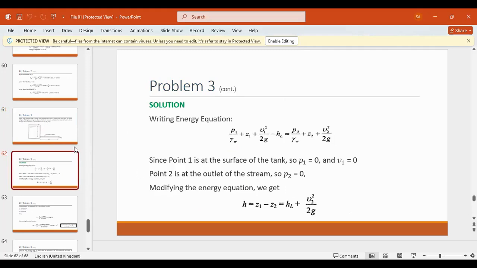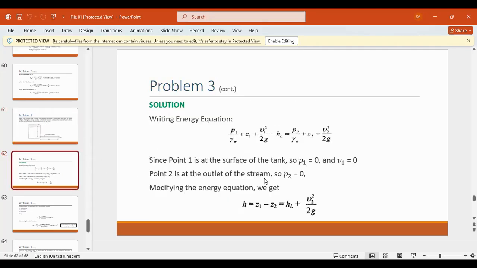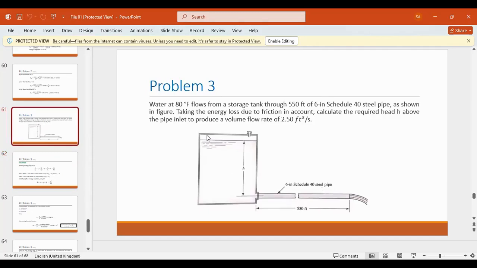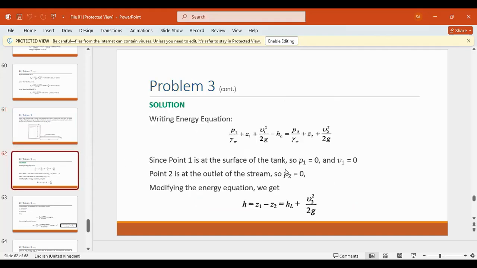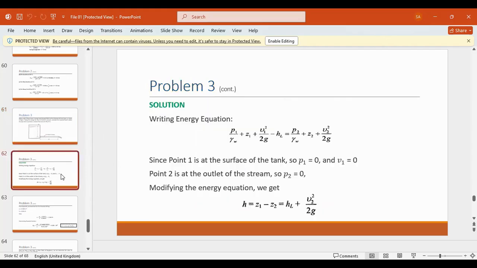As we know, point 1 lies at the surface of the tank. So the pressure P1 here will be equal to 0, and the velocity V1 at the surface of the tank is also 0.